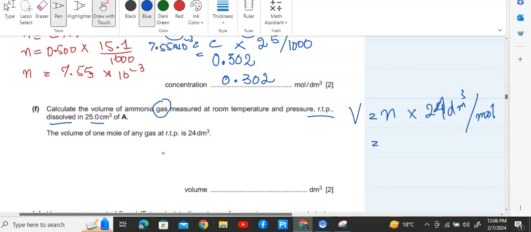So volume, it is very simple. What are the number of moles? Take it from the previous part, where you calculated the number of moles of ammonia.